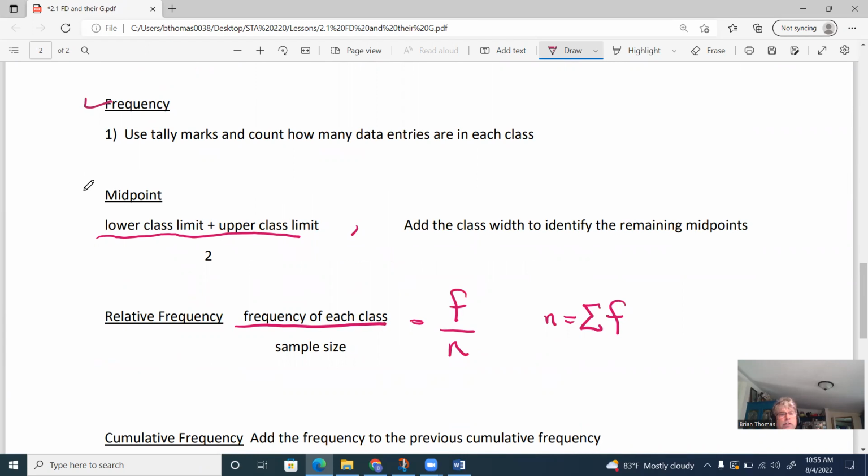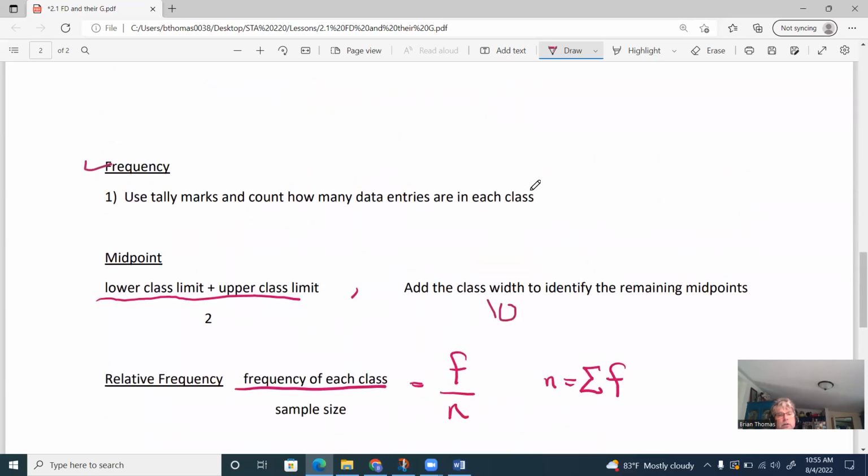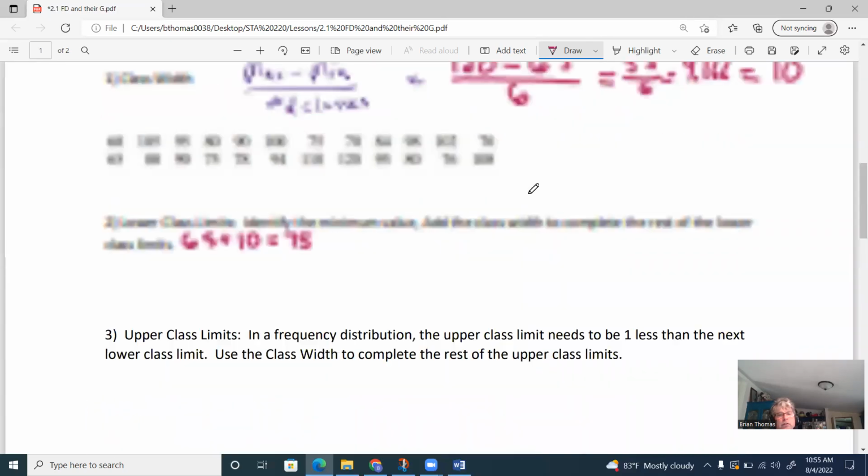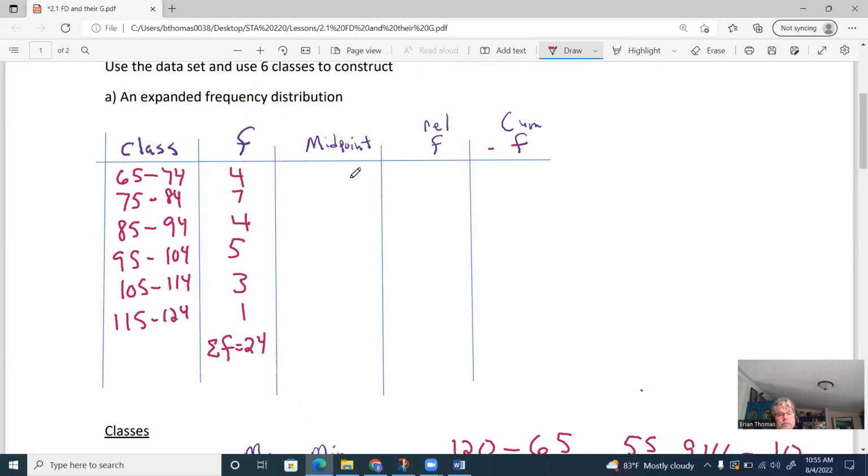To do the midpoint of each class, you take the lower class limit and add it to the upper class limit and divide that by 2. Once you do that, to find the remaining midpoints, just add the class width, which was that 10, and that will help you identify the remaining midpoints. So the lower class limit plus the upper class limit divided by 2 is going to be the midpoint.